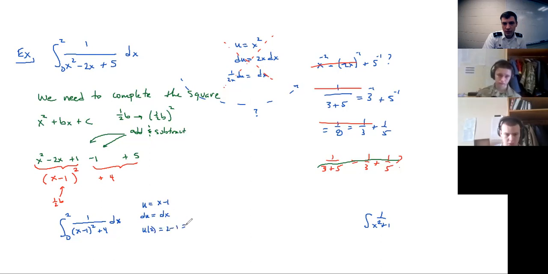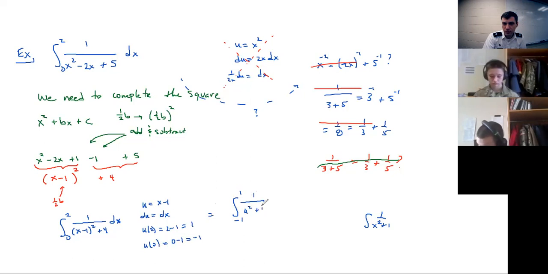New upper bound is 1. Old lower bound was 0. New lower bound is -1. And so this becomes the integral from -1 to 1 of 1 over u squared plus 4 du.